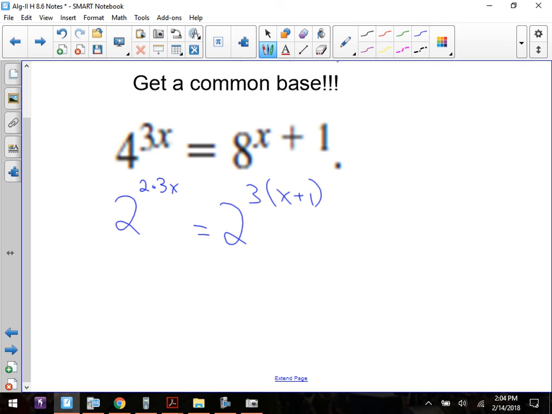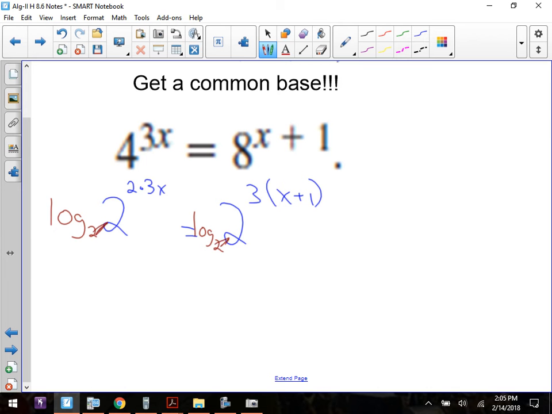The reason why you can do that is because if I take the log base 2 of this side, I'd have to take the log base 2 of this side. What's the log base 2 that has junk above it? It's just the junk above it. So they undo each other.